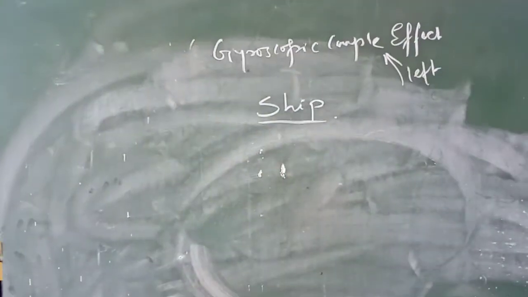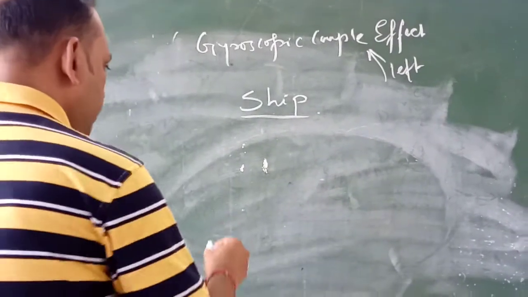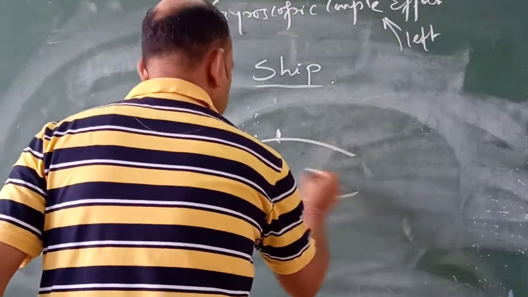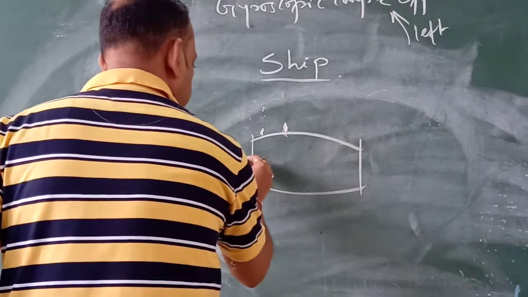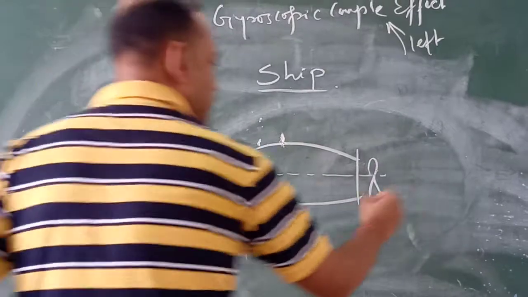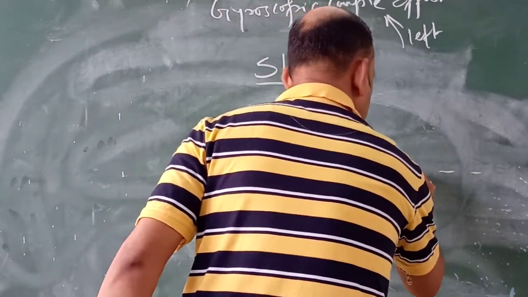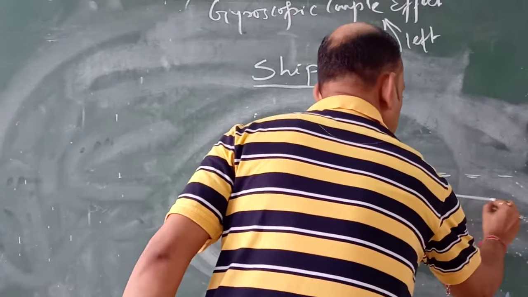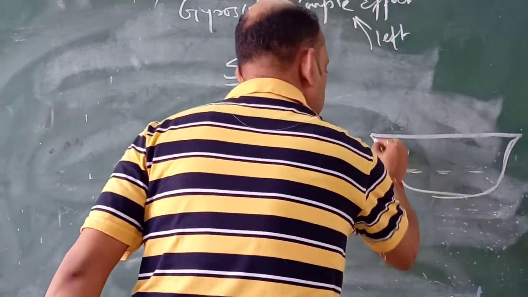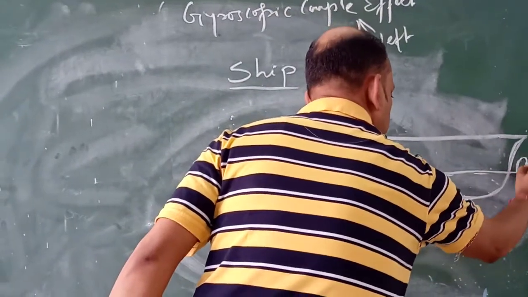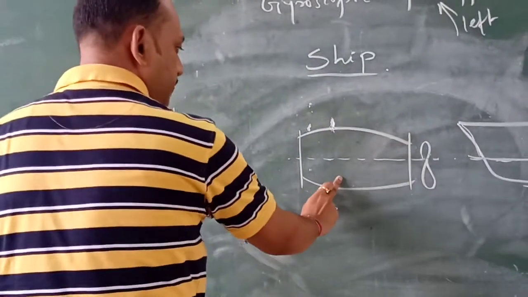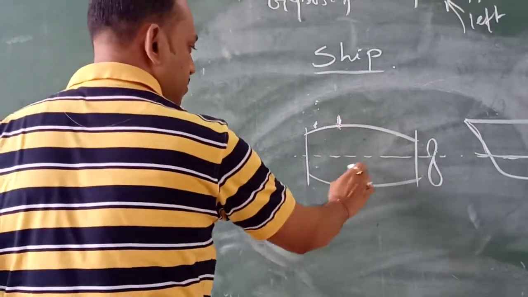Now we will see the effect of gyroscopic couple on a ship. Now when we look into the front view of a ship, it is something like this. This is the axis and we can see this is the rotor, and so this is the cut view of a ship, the cut section of a ship.